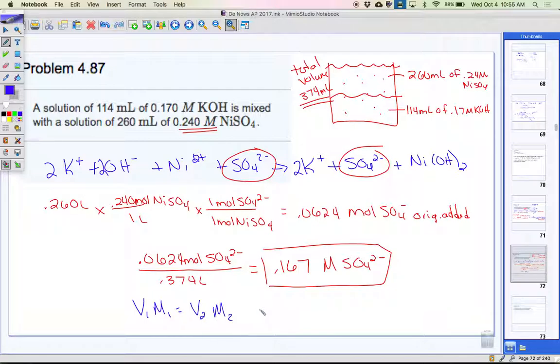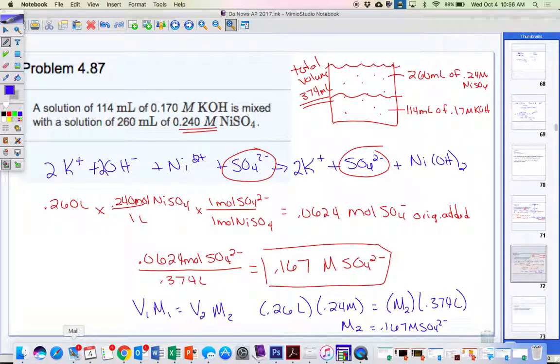Because you know the concentration of the SO4 and you know you put 260 milliliters. Do the same thing, you'll get the same thing. You don't know the new concentration, but you know the new volume is 0.374. So you can solve, and you should get exactly the same thing. Either way is fine. You just have to think to do that.